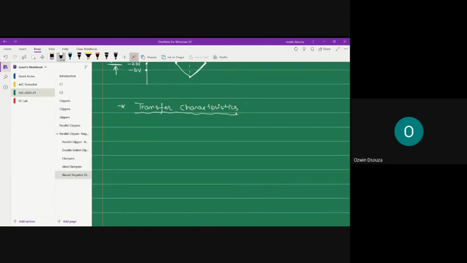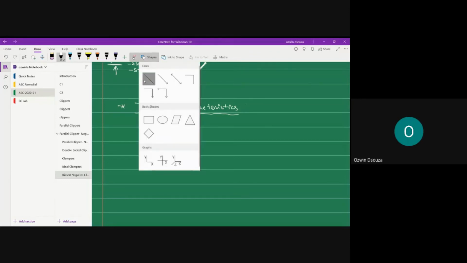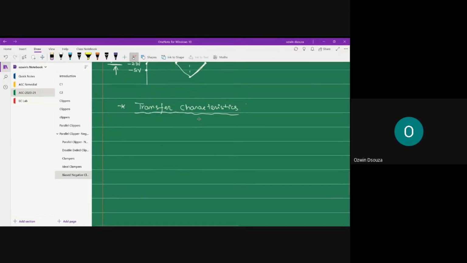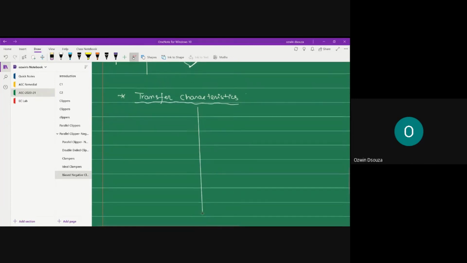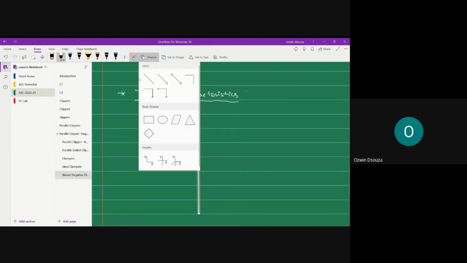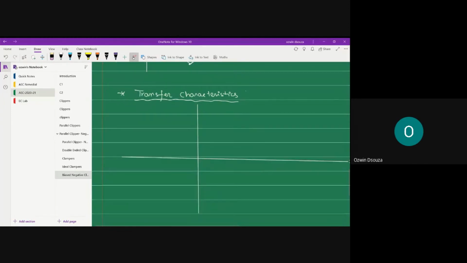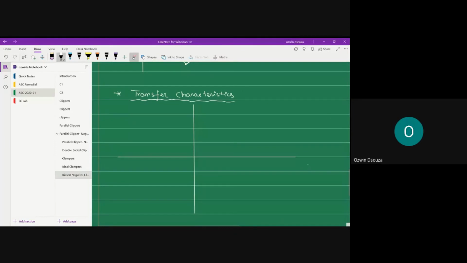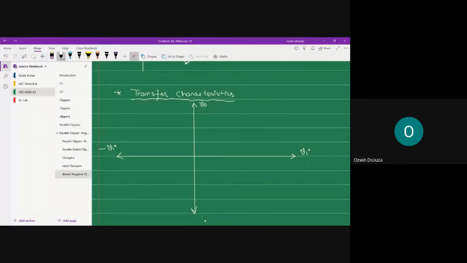Very interesting transfer characteristics. First, I will draw the axes, and then you can mark the axes V0, Vi, minus Vi, and minus V0.